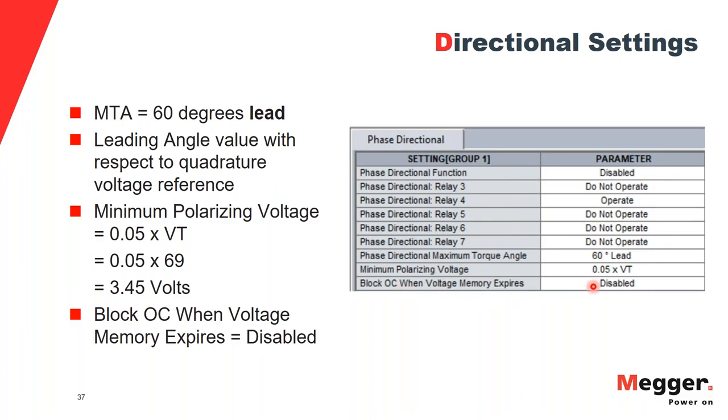In this one, it says don't block overcurrent, meaning that if my voltage memory expires and I'm able to see some voltage and the directional check is in the forward direction, I would declare that the 5051 element is good to go and can trip. If it is set to enabled, 5051 will never get a permissive to trip.